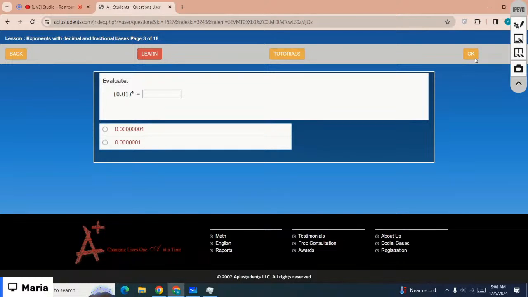Yes, the correct option is, you have to multiply 0.01 4 times, right?